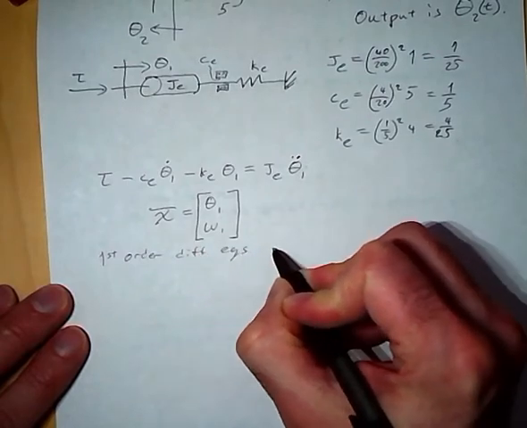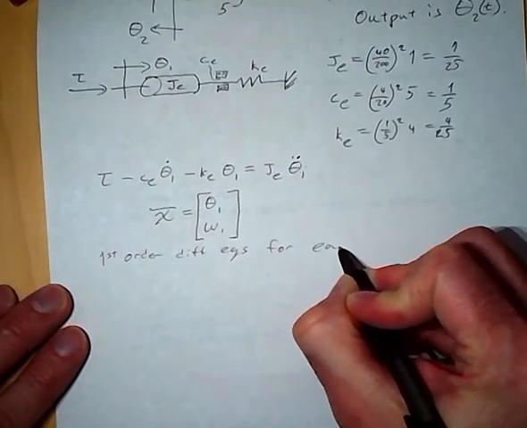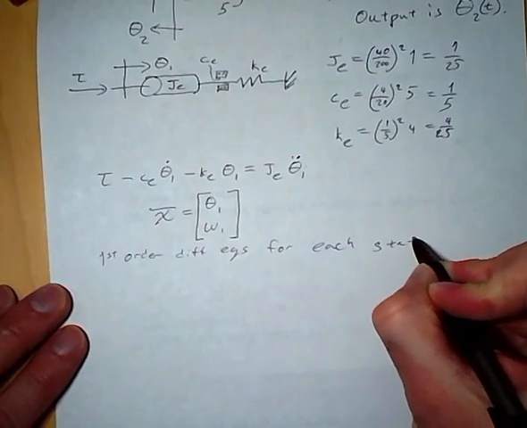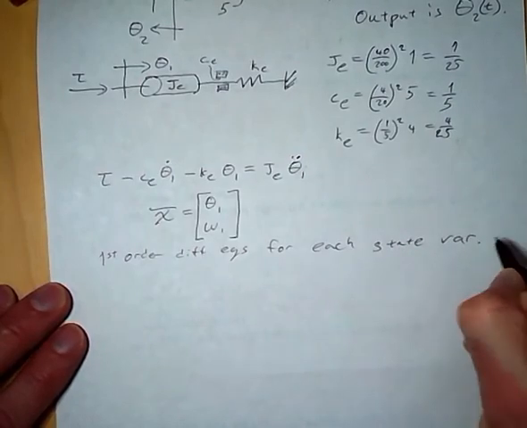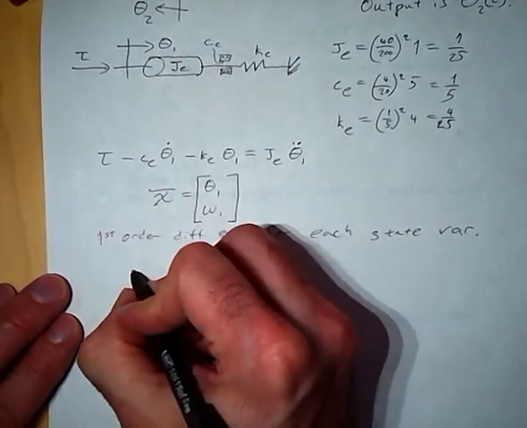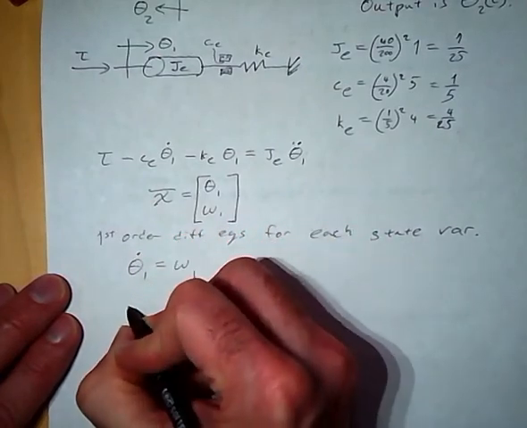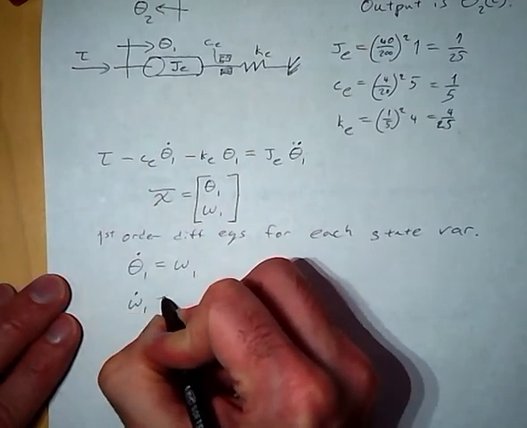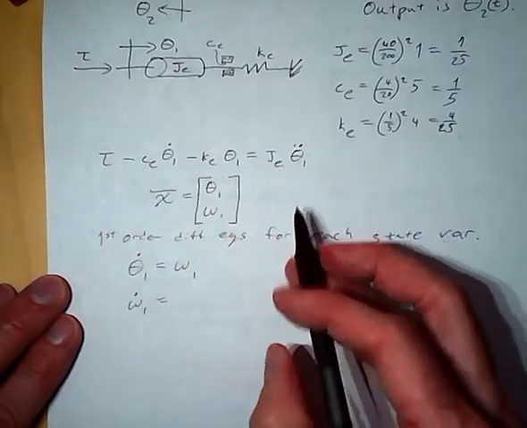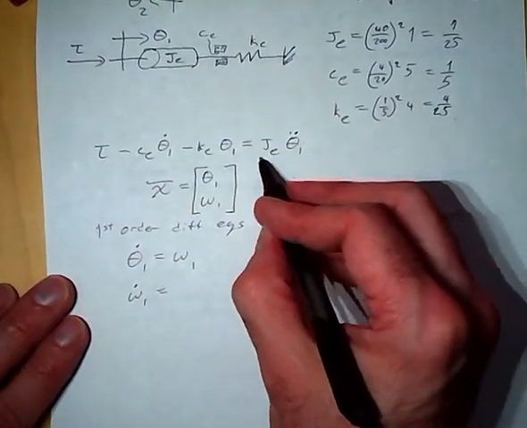So we want first order differential equations for each state variable. That looks like theta 1 dot, and that's just equal to omega 1, and omega 1 dot we just get from rearranging this equation, or really just dividing through by JE.